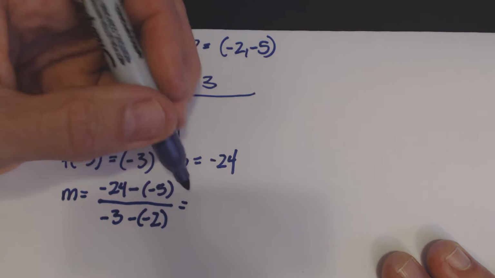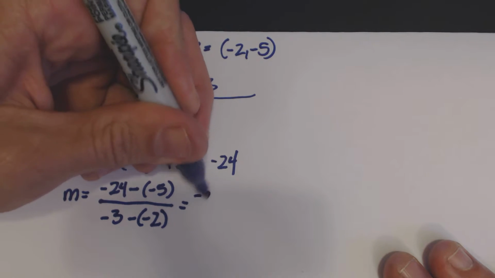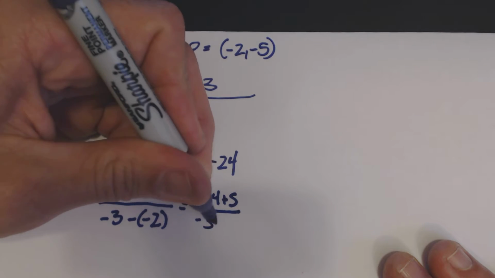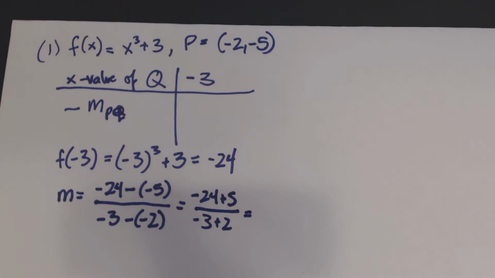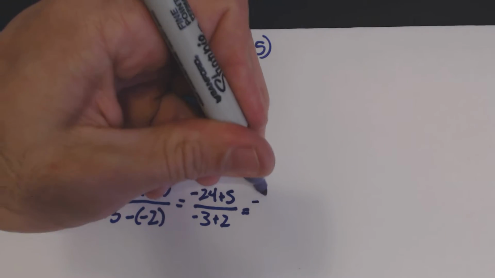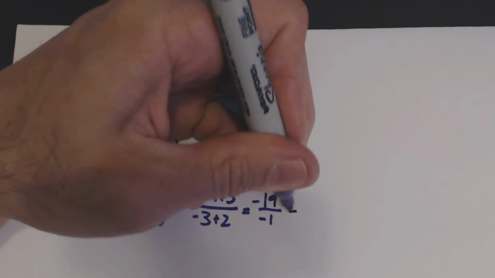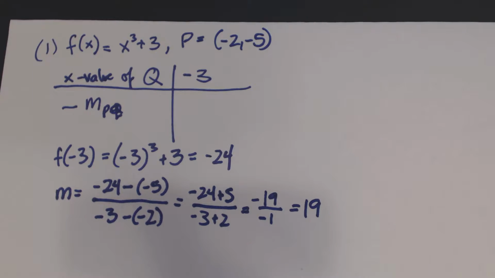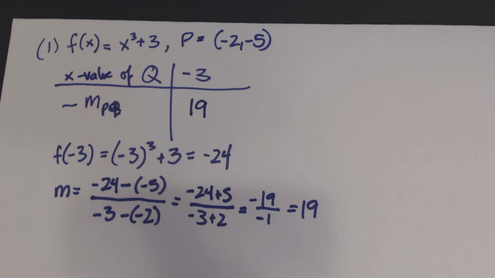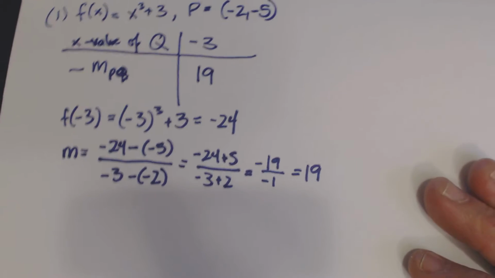So that's -24 plus 5 over -3 plus 2, which gives us -19 over -1, which equals 19. So the slope of this line is going to be 19. All right, let's move on.